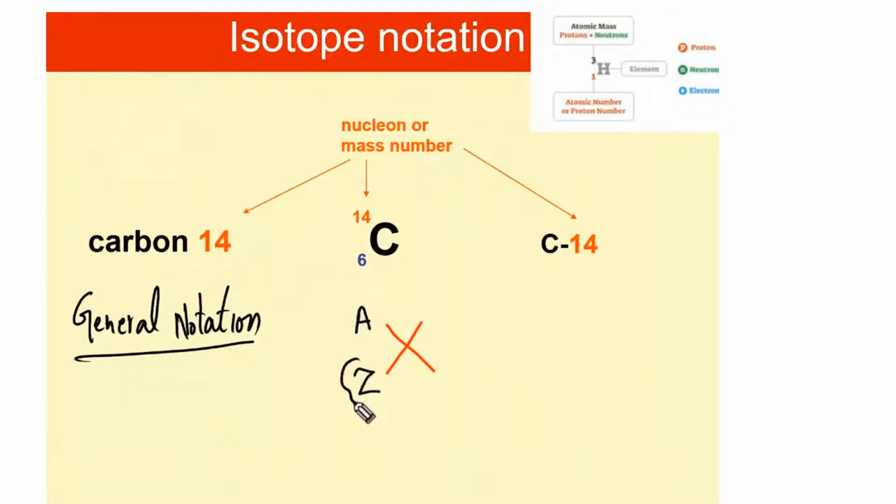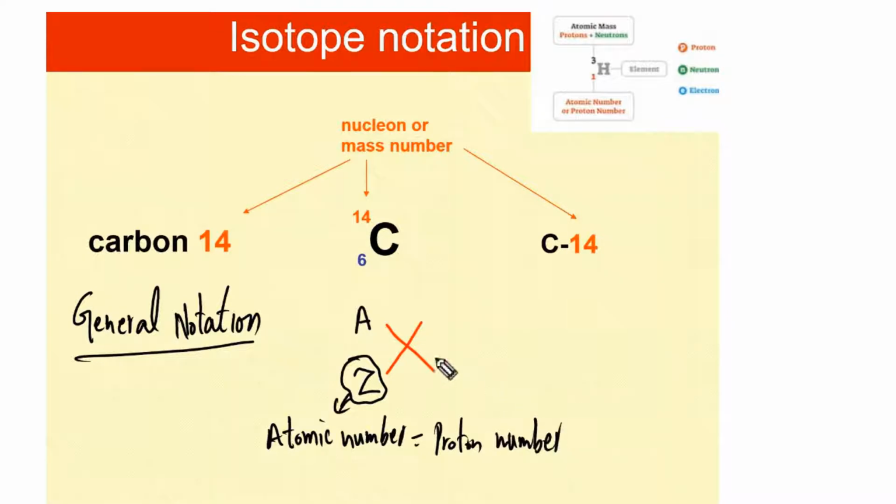So what you see here, this is atomic number, or this is number of protons. You can see from the bottom is the smaller number, so this is at the bottom. Mass number is always higher, so that is at the top. So the atomic number is also called proton number. So I will just write here proton number as well.